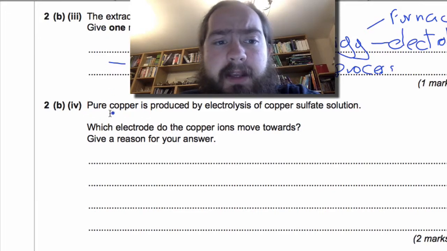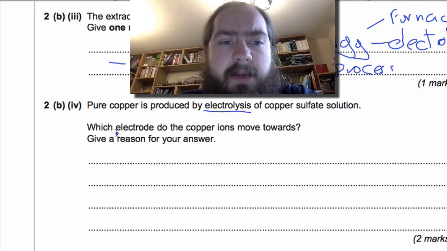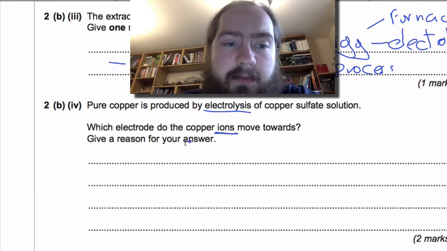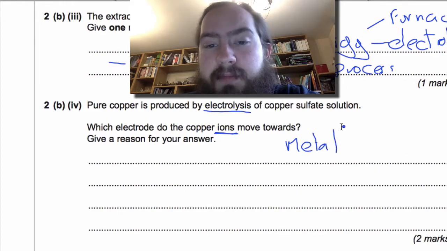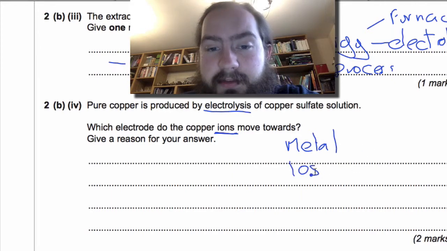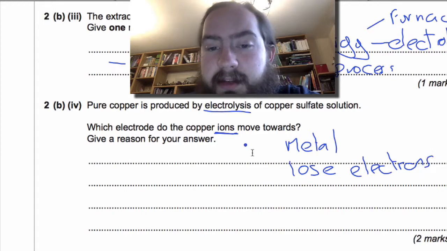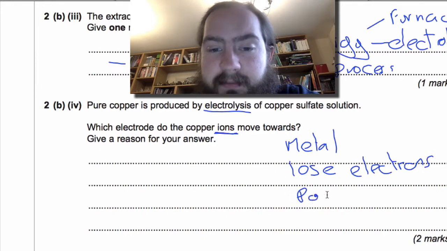Part 4. Pure copper is produced by electrolysis of copper sulfate solution. Which electrode do the copper ions, not atoms, ions, move towards? Give a reason for your answer. Now, copper is a metal, and all metals lose electrons. When you take a neutral atom and make it lose electrons, it becomes positive.